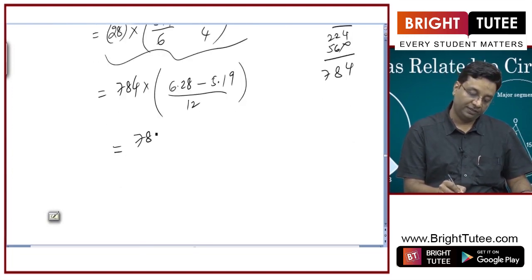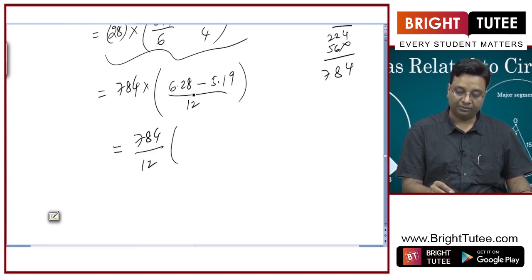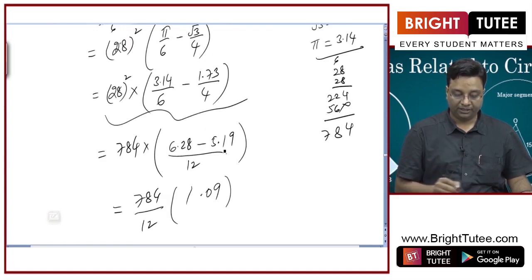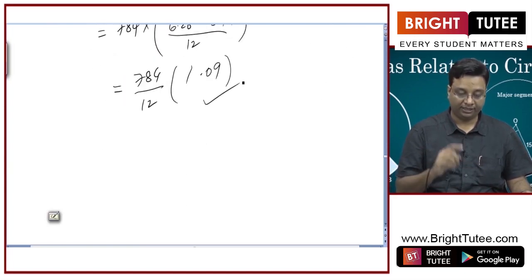So it will give you 784 divided by 12, 6.28 minus 5.19, 1.09 will come here, right? So this is the area of one segment.